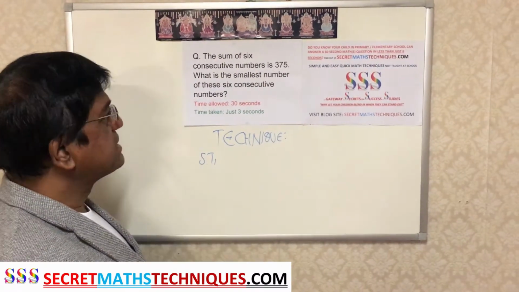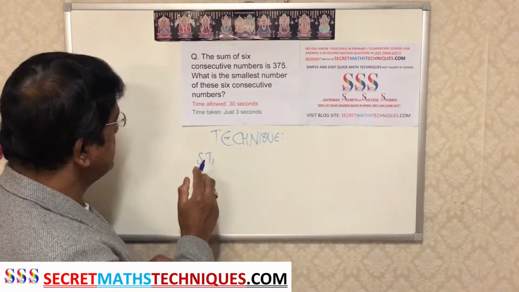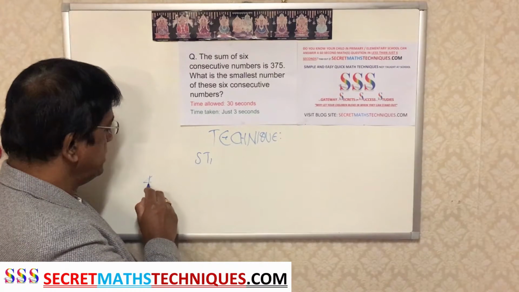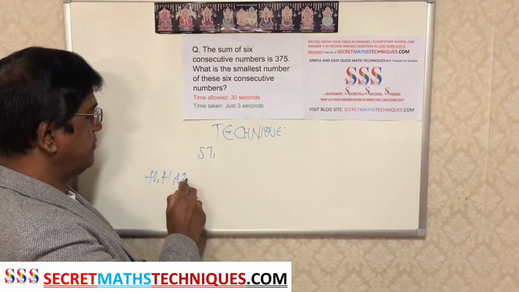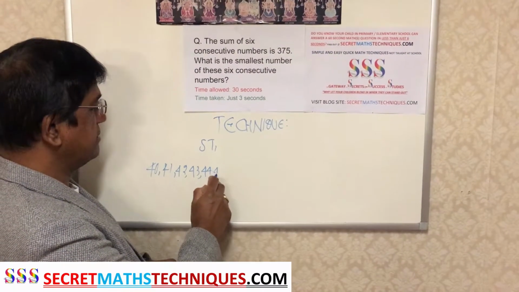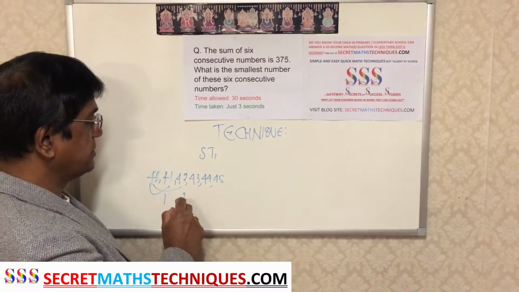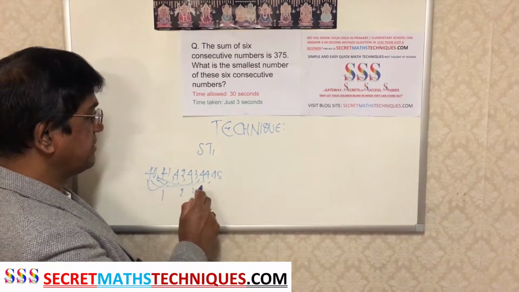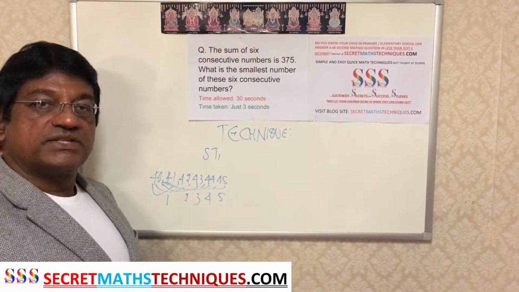Realize that if you have 40, 41, 42, 43, 44, 45, you got 5 differences. Here the difference is 1, here the difference is 2, here the difference is 3, here the difference is 4, here the difference is 5. It's always the case.